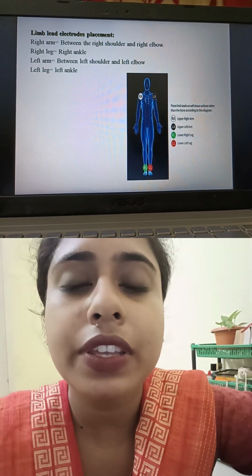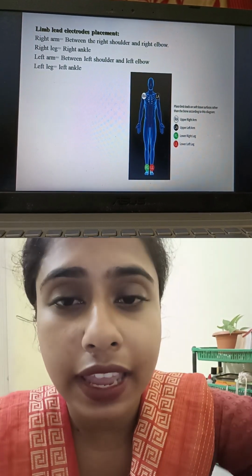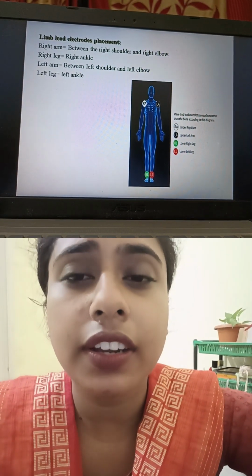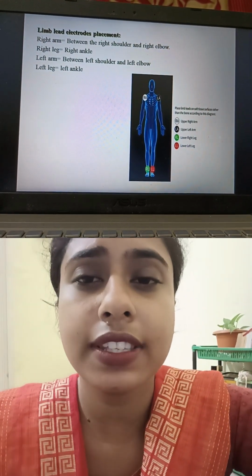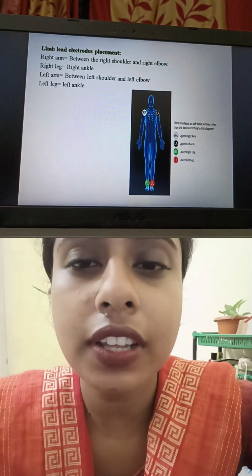So they will be placed over the muscles of our arm and leg, on both the right and left side. So these are the limb leads and chest precordial leads.